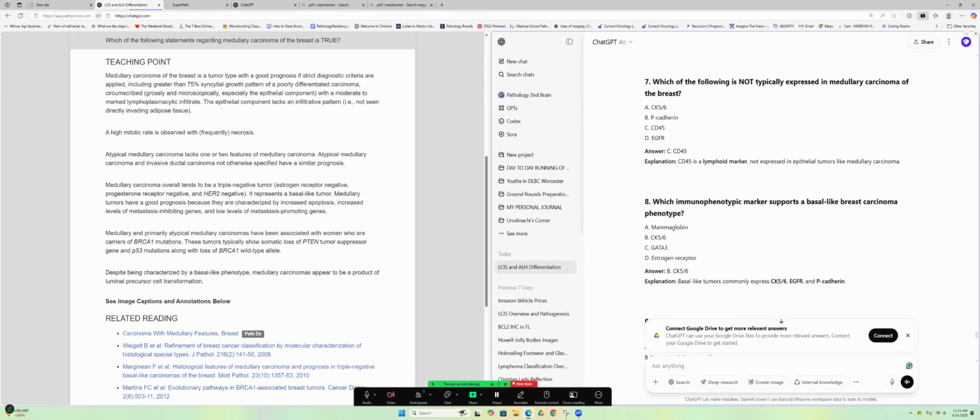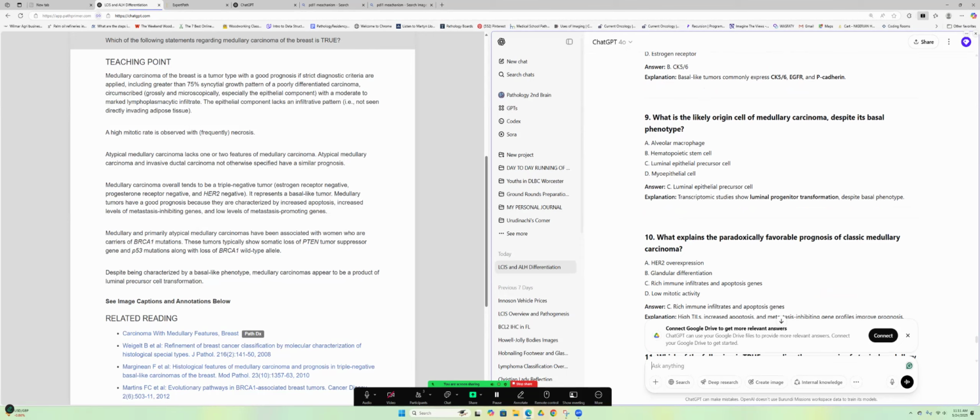What is the likely cell of origin of medullary carcinoma despite its basal phenotype? Luminal epithelial precursor cell.